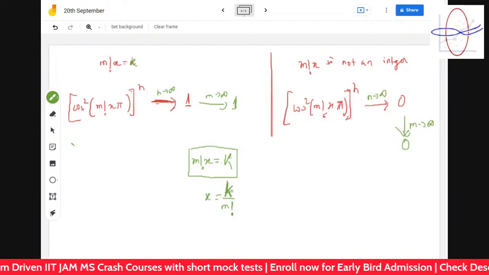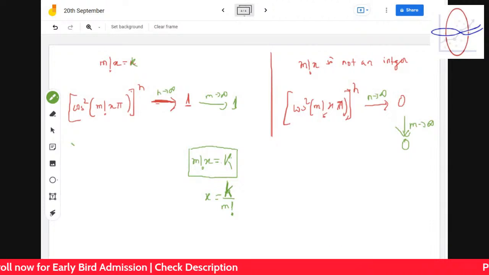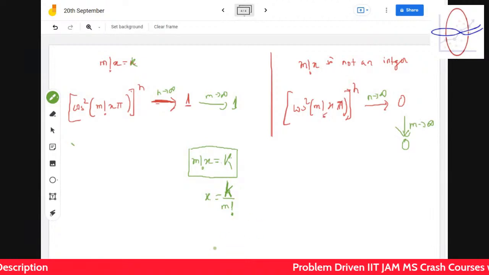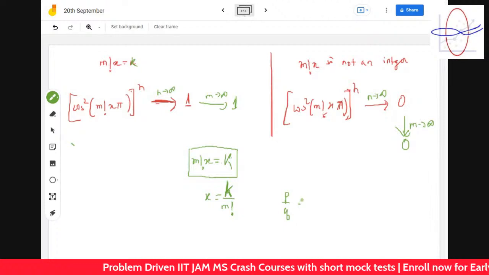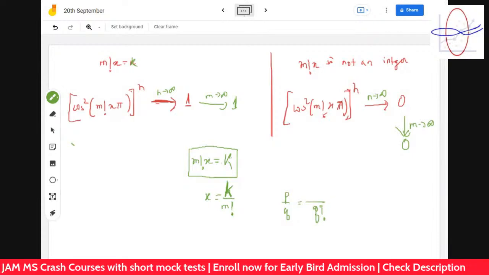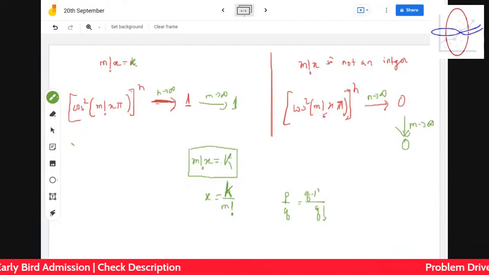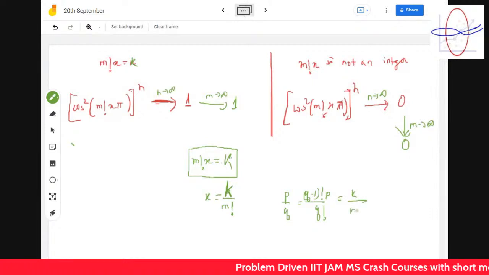So it should be this. And you can understand from here that there exists a rational number, any p by q, which can be expressed as this: q factorial times q minus 1 factorial times p. So this is equal to k and this is equal to m factorial.